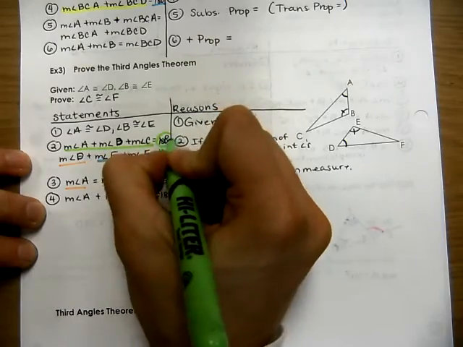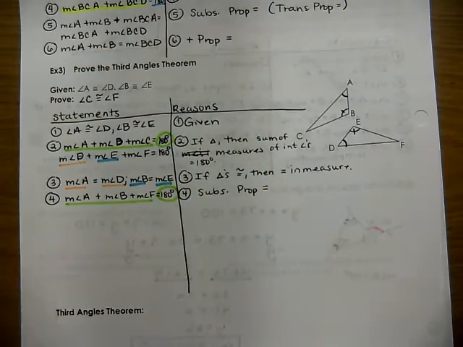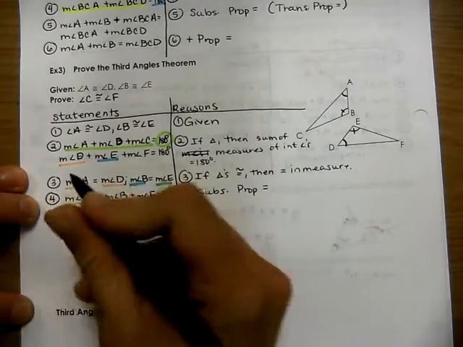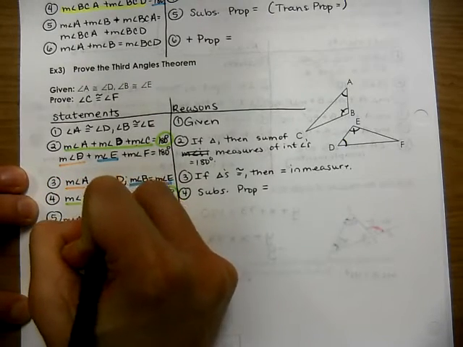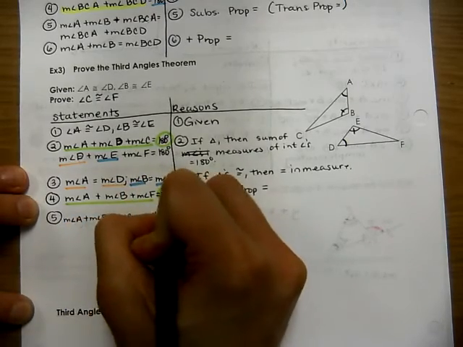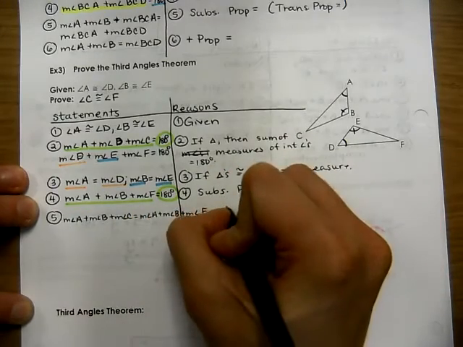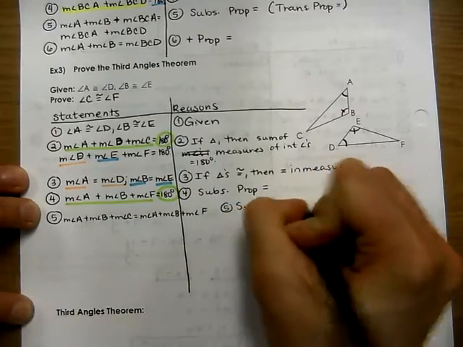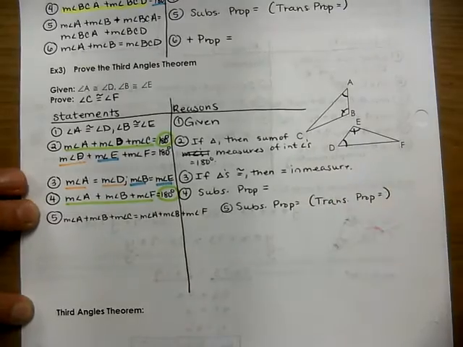Well, what I have to do now is I have this guy equal to 180 degrees, this guy equals 180 degrees, which means I can set these two expressions equal to each other. So step 5 would be that the measure of angle A plus the measure of angle B plus the measure of angle C is equal to the measure of angle A plus the measure of angle B plus the measure of angle F. And for this one, you could either call that the substitution property of equality, or you could call that the transitive property of equality.